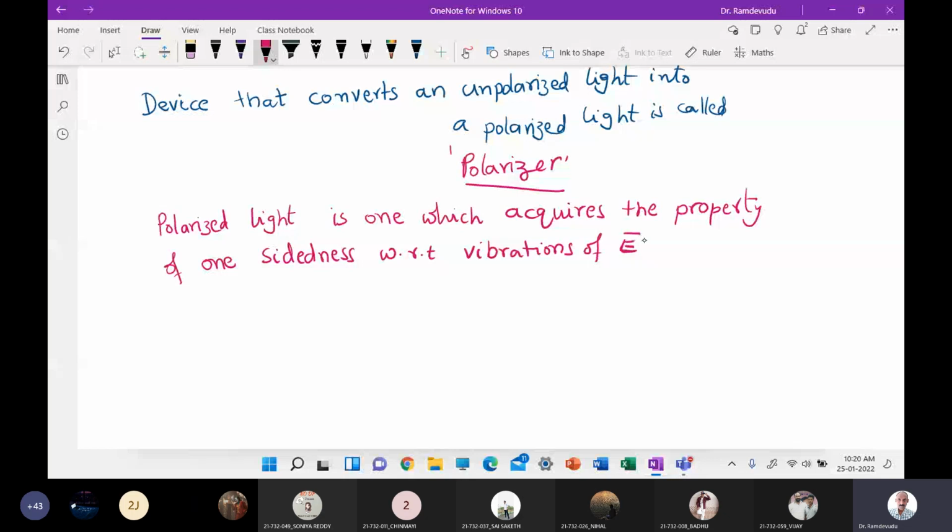What do you mean by this? Don't say that a polarized light will be seen from one side only.